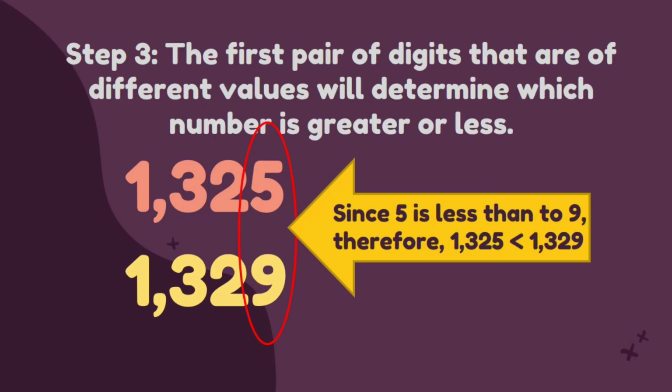Step 3. The first pair of digits that are of different values will determine which number is greater or less. Since 5 is less than 9, therefore 1,325 is less than 1,329.